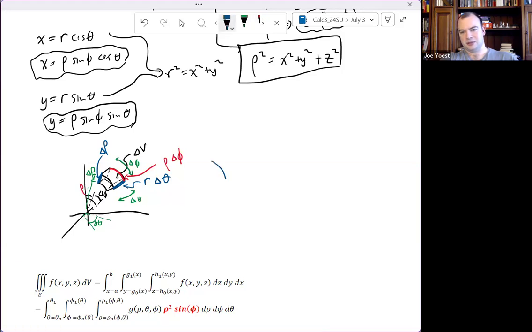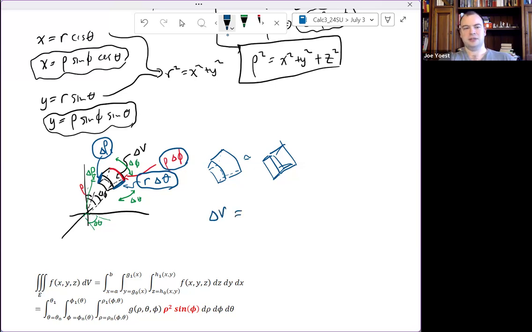And we approximate this volume as though it were a cuboid, which I didn't draw particularly well there, but we approximate it as a cuboid, where for small delta rho, delta phi, and delta theta, the little chunk of volume that we're talking about here is approximately delta rho times rho delta phi times r delta theta.